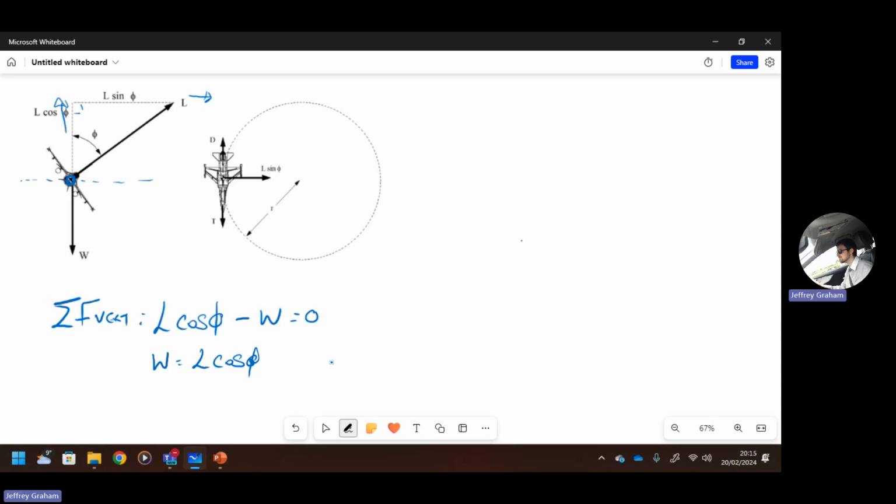And the first concept I'm going to introduce here is something called the load factor, or the G loading. This is given the letter N for November. And its statement says it's the lift divided by the weight.